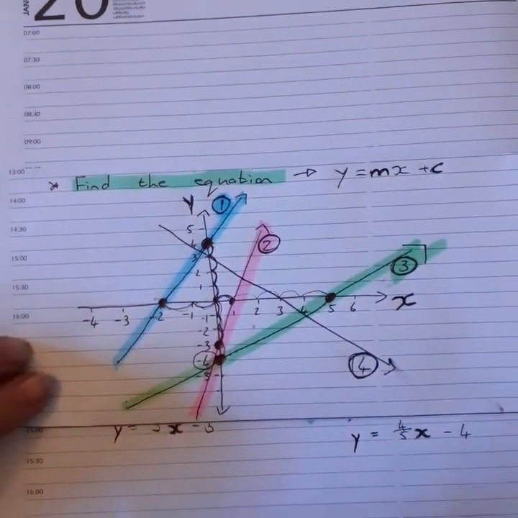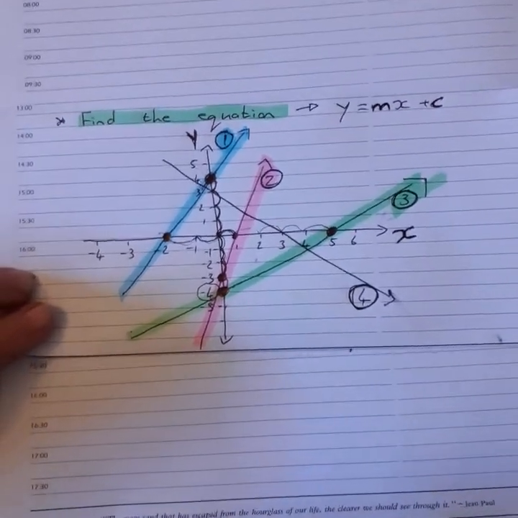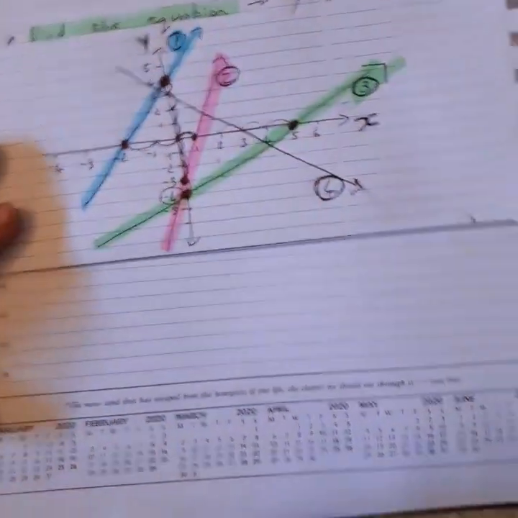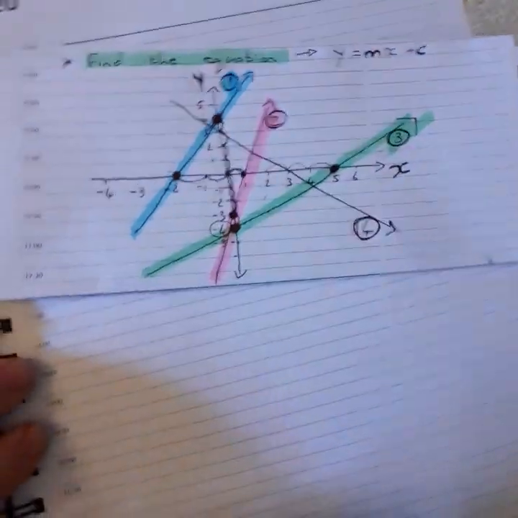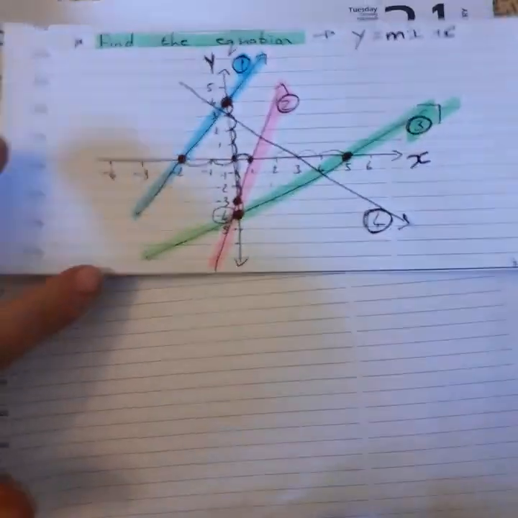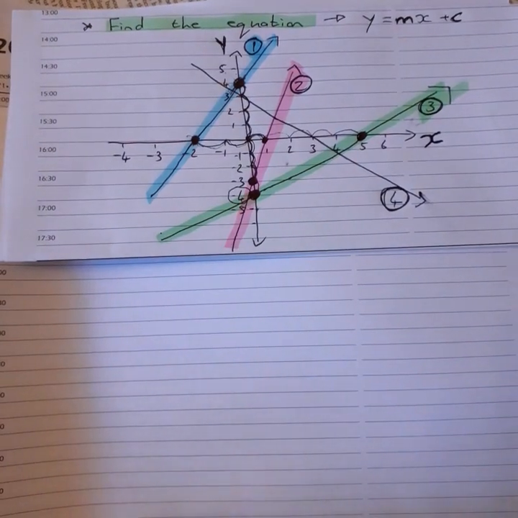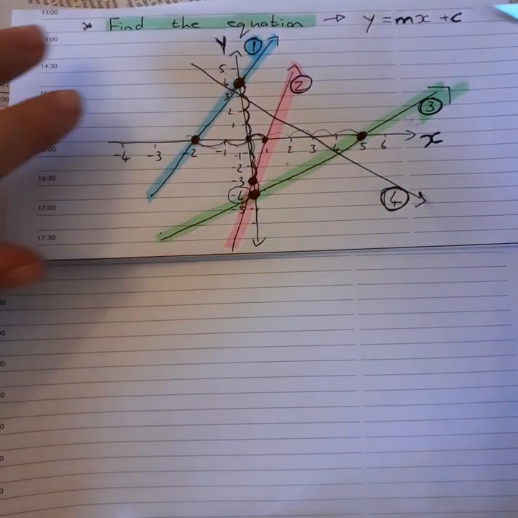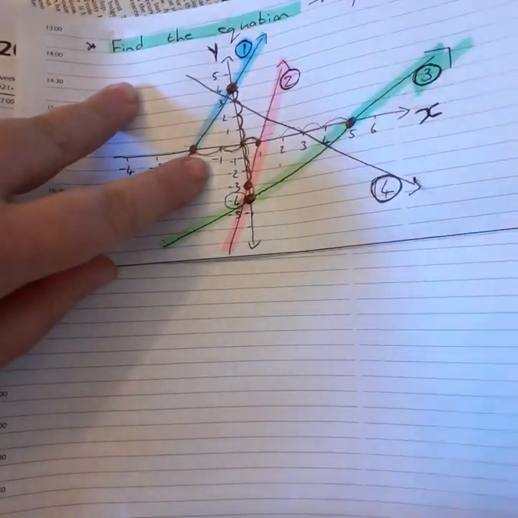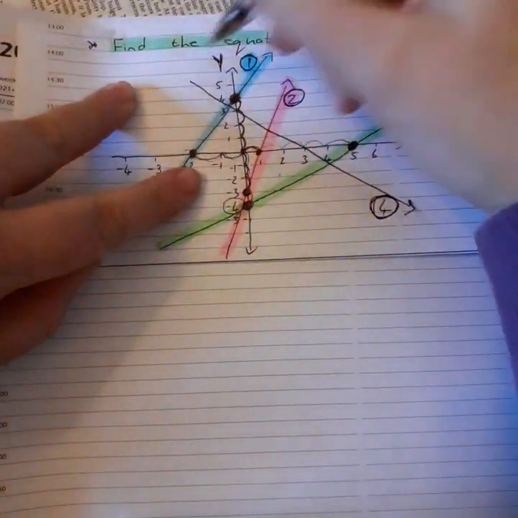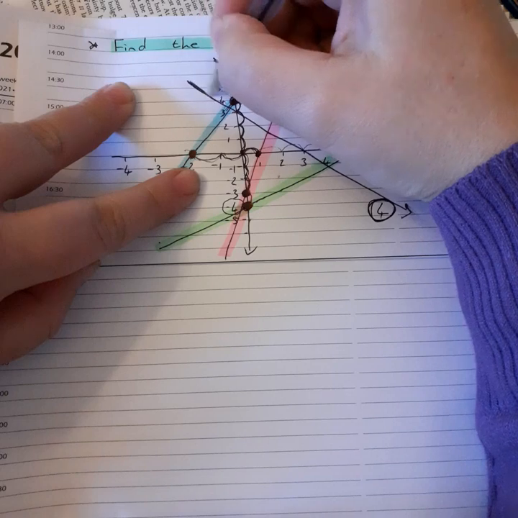Let's do another one. Let's do it here. Wait, let's go like that. Here we go. We've got another page. So we're starting with number 4. I don't have another highlighter, so let's just go like this. This one here.